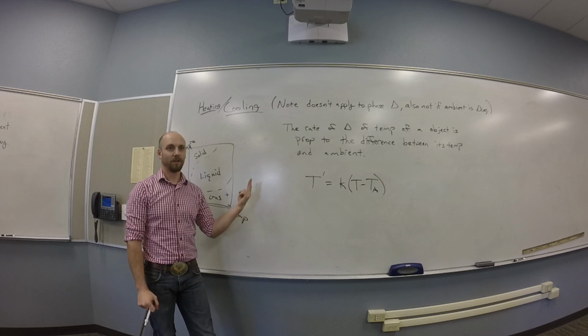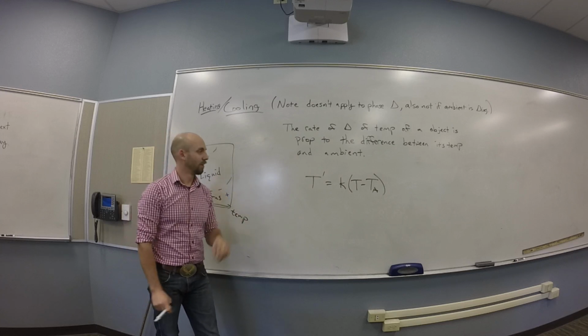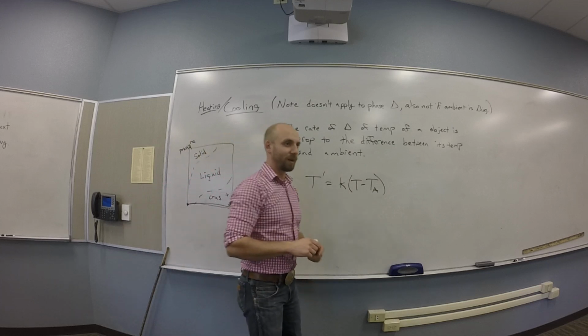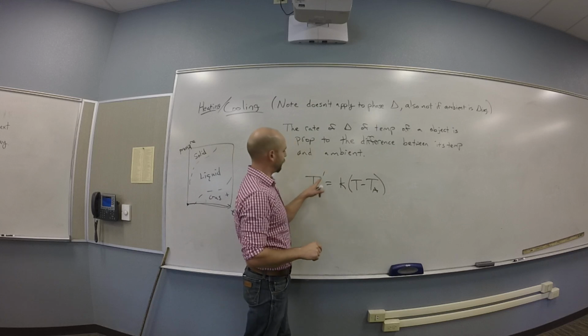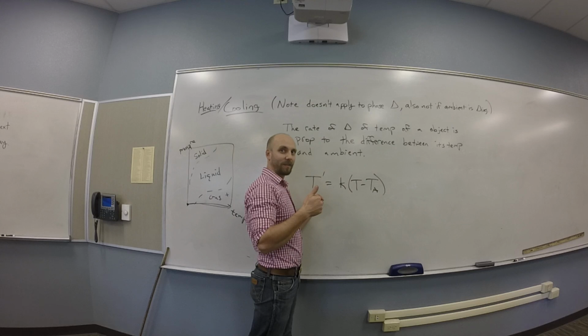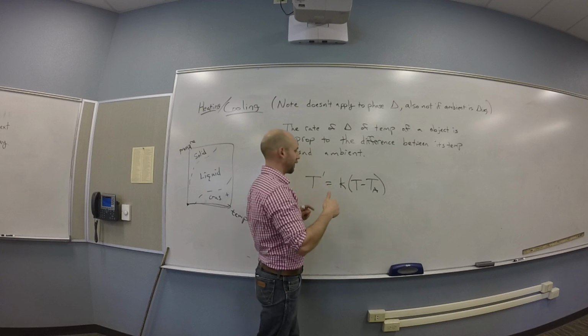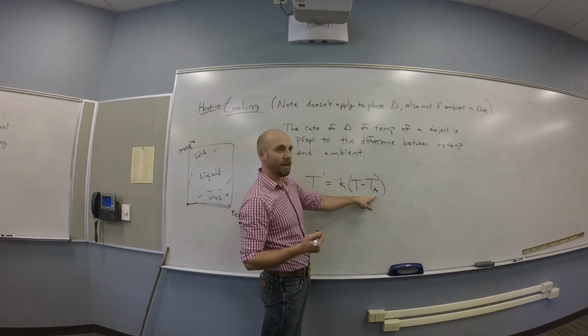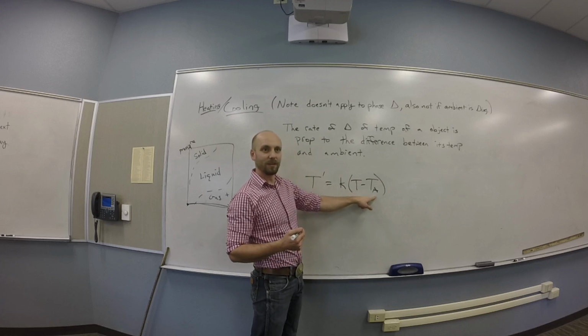You mean this or that? The T and the TA? You can think about it this way. If T prime is positive, like if the temperature's going up, and the TA is bigger, then that would imply that the temperature of the object minus the ambient is positive, which would mean the object's warmer than the room.